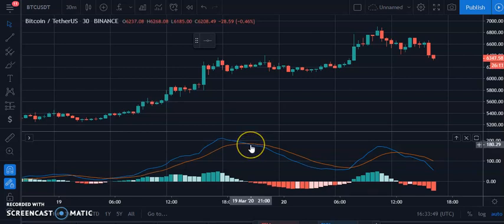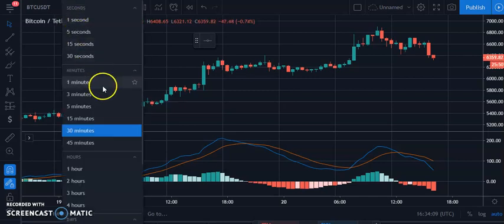Another thing we have to take note of is that if the higher time frame MACD crosses above the signal line, it is time for us to buy. For instance, we are looking at the 30-minute time frame.